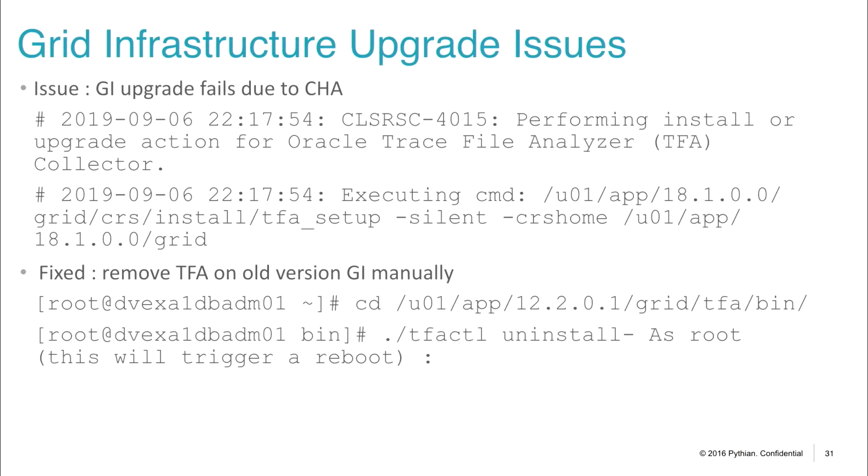The next error that we faced was during the upgrade of the grid infrastructure. It was failing, and in this case you can see here the error. Sorry, this is the TFA, not the CHA. The main problem here was that the TFA had wrong permissions, and it had a bug.